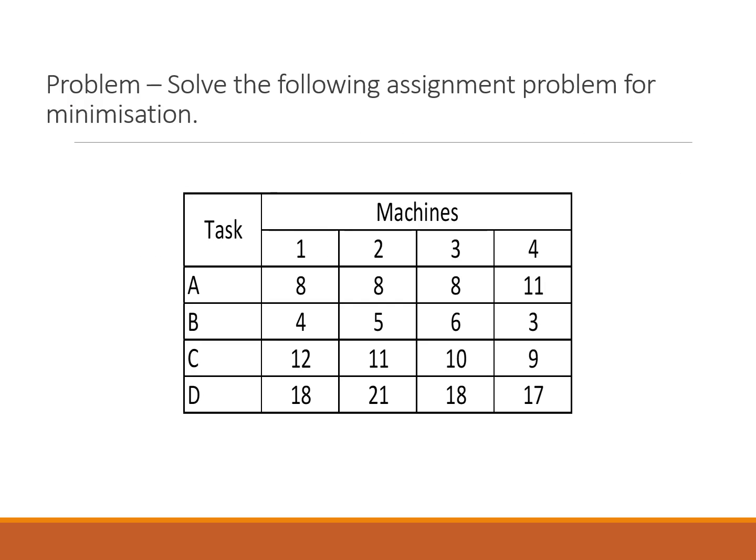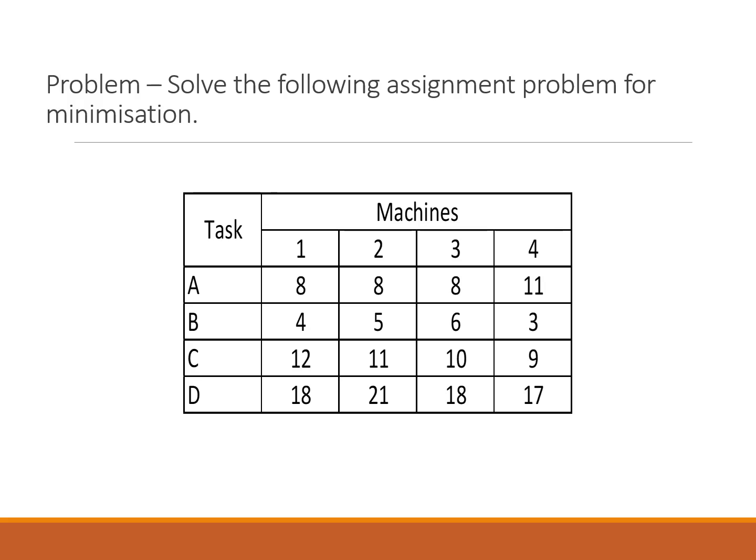type of problem which is used in the Hungarian method in the assignment model. So this is the problem in which they are asking us to solve the following assignment problem for minimization. Here in this matrix table they have given us the tasks as well as the machines.